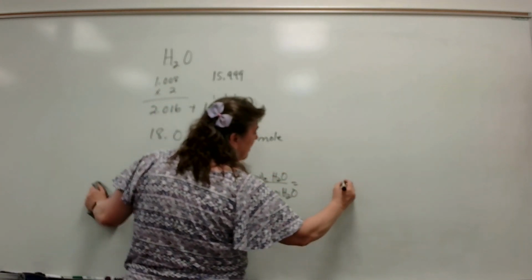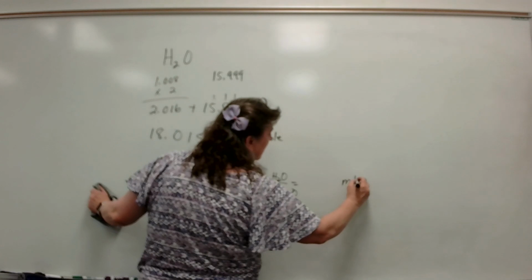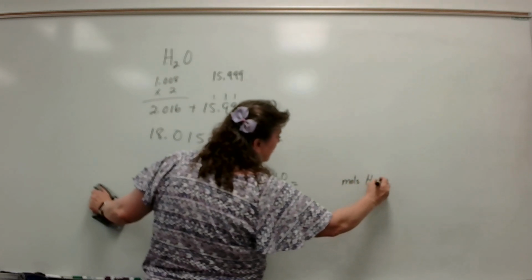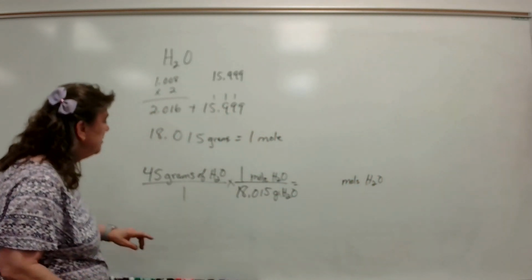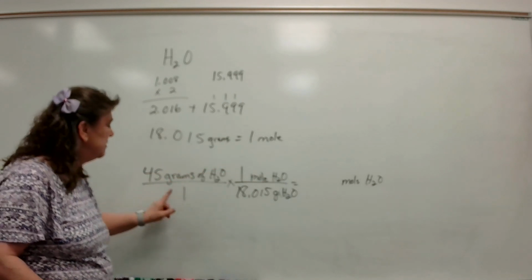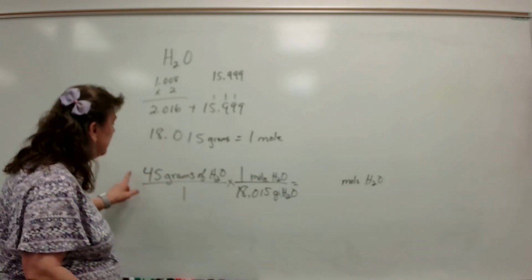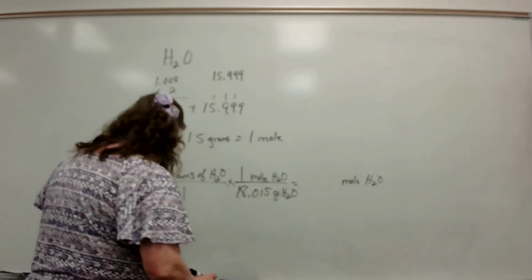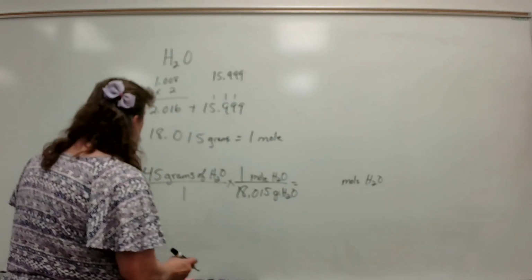So we're going to find out how many moles of H2O we have. In other words, this times 1 is this, 1 times this is this, so I'm simply going to divide 45 by 18.015.